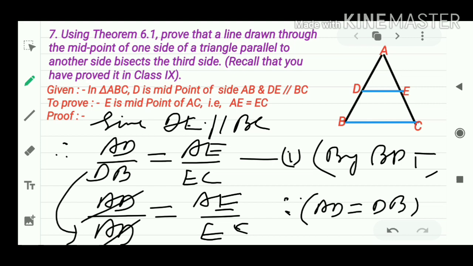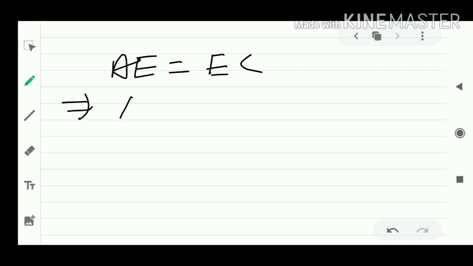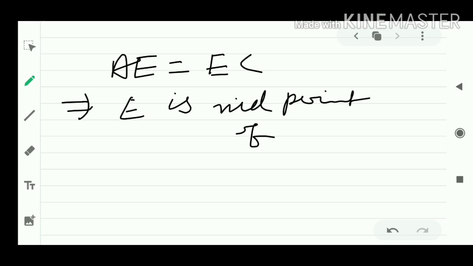Now we can cancel AD by AD, so we get 1, and by cross multiplication we get EC equal to AE. So we write by cross multiplication AE equal to EC, implying that E is midpoint of AC. So this is the proof of this question.